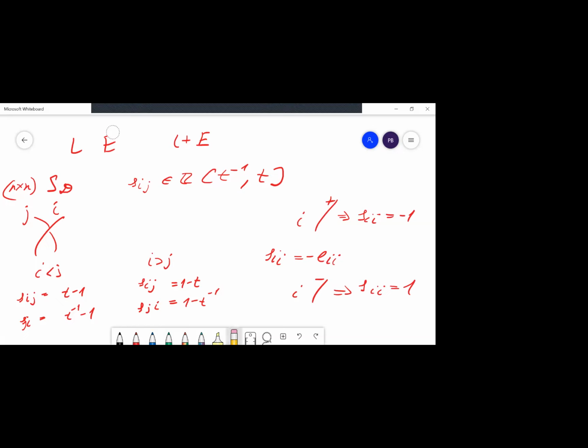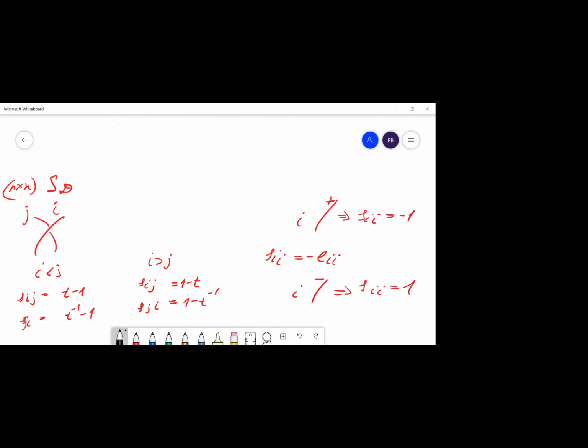And we want it for a simple reason. Let's denote the Alexander polynomial of the knot k by delta k of t. The Alexander polynomial is just the determinant of S_t, so very easy to count.